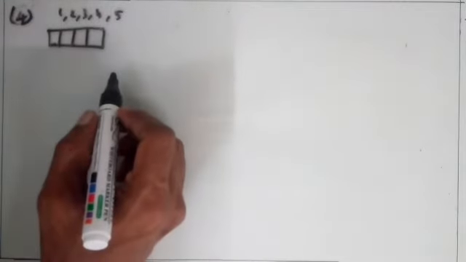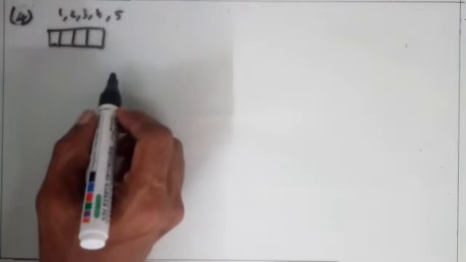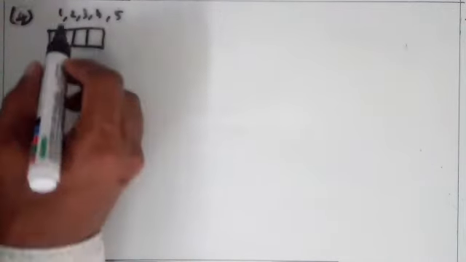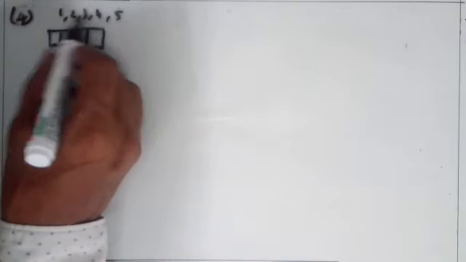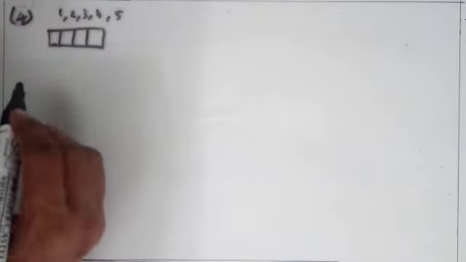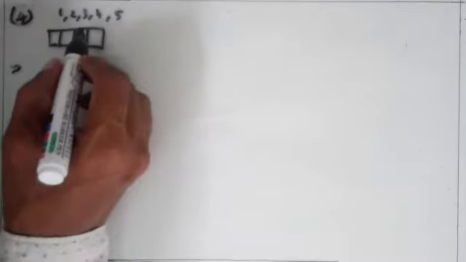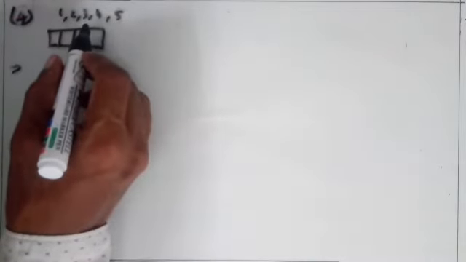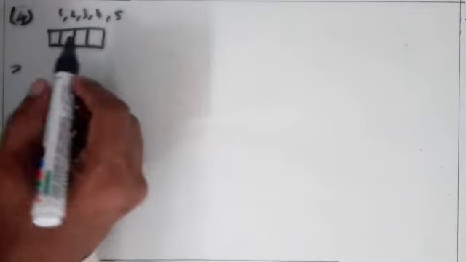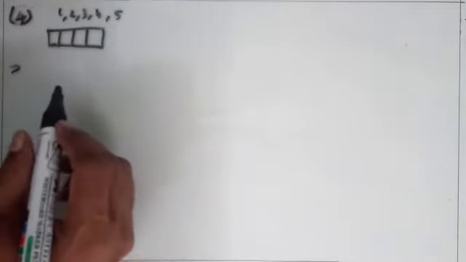If no digit is repeated, how many of these will be even? Here we first form a 4 digit number. Repetition is not allowed, that is, no digit is repeated.